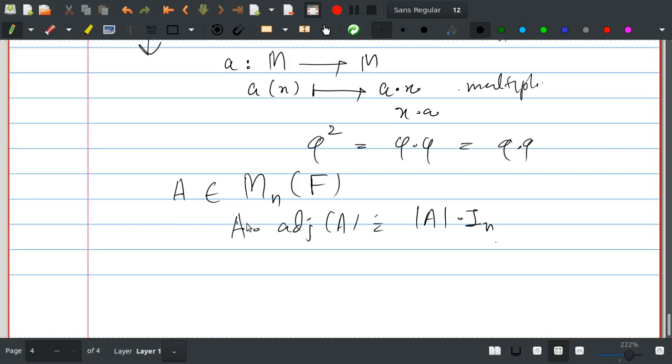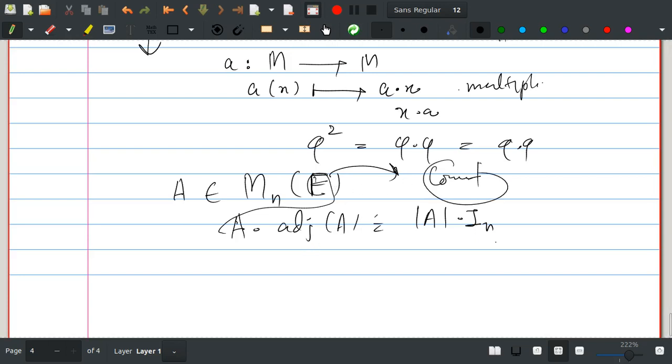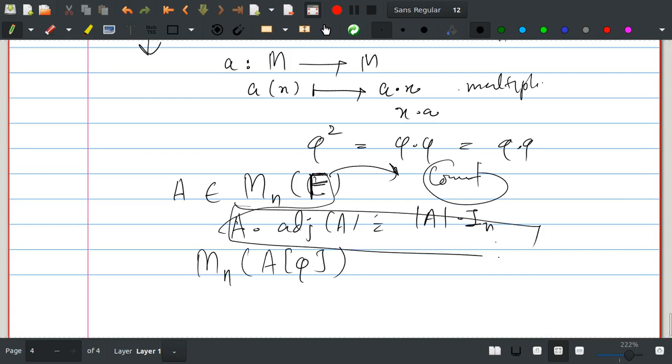But for this the entries must belong to the field. This is also true if we replace the field with a commutative ring with unity. So for our matrix, which is in the matrix ring M_n with entries from the commutative ring A[phi], this identity is true as well.